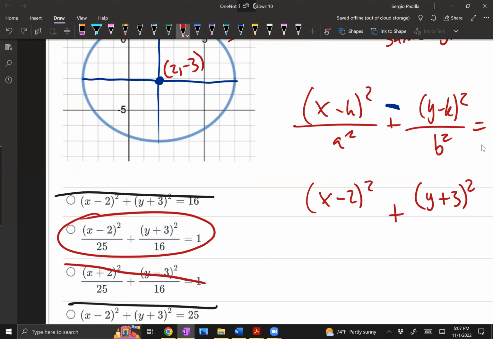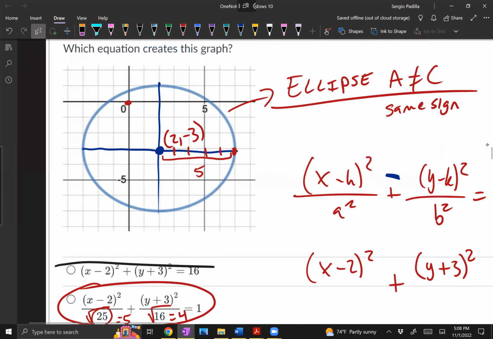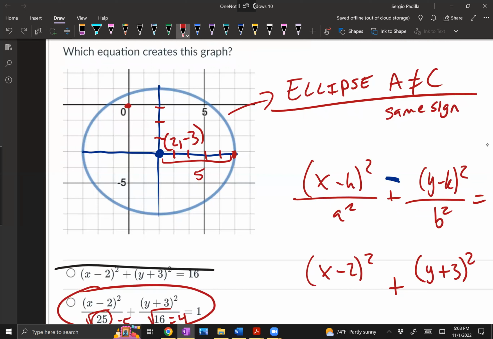Now, the other thing that you can remember is that whatever the square root of this is, that's the longest one. That's going to be your A, the longest axis. So the square root of 25 is equal to 5, right? And take a look at how long this is: 1, 2, 3, 4, 5. Yes, that distance is 5. The square root of 16 is 4, and that's how long the shorter axis is: 1, 2, 3, 4. So there it is, right?